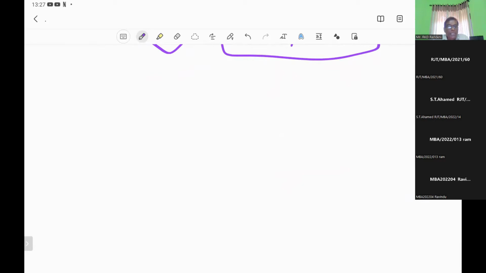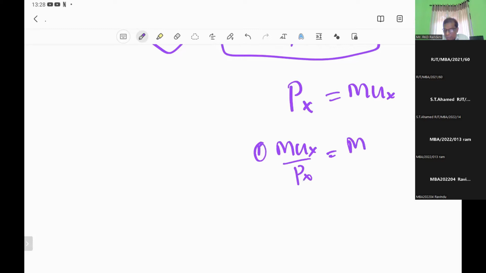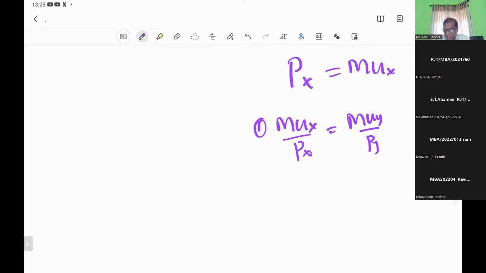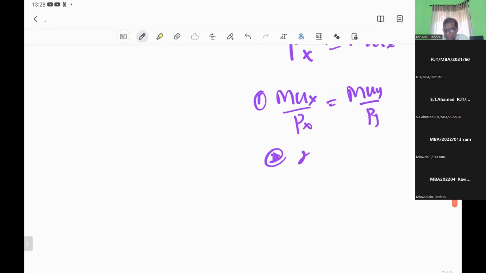According to the utility theory, on the diminishing marginal utility theory, this is the equilibrium condition: equimarginal utility, MUX over PX equals MUY over PY, and X PX plus Y PY equals I.